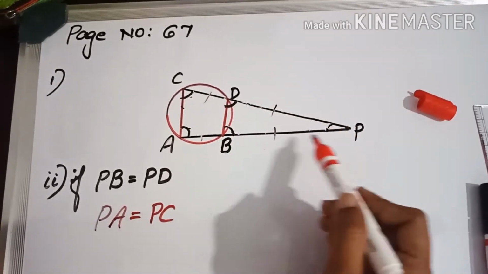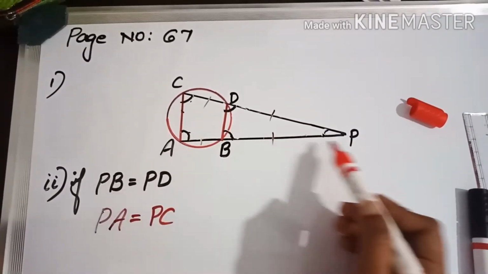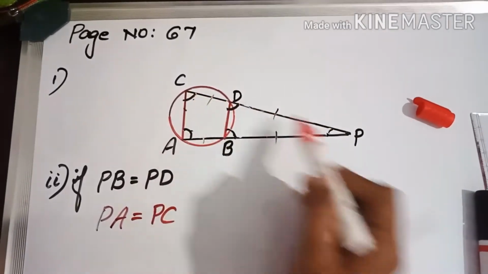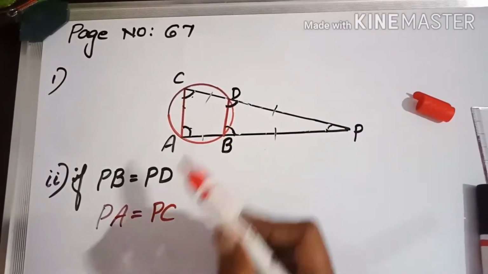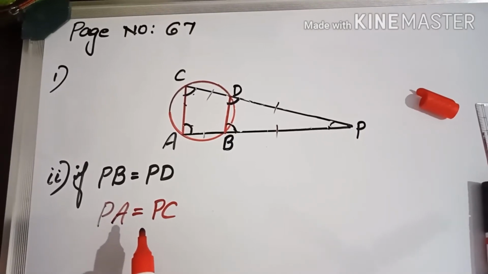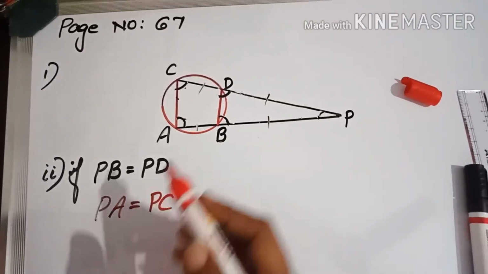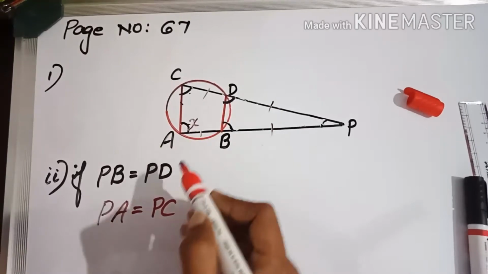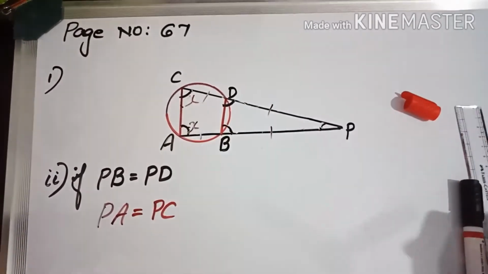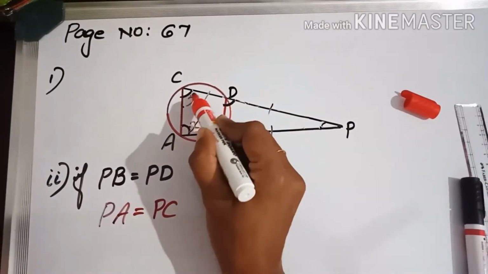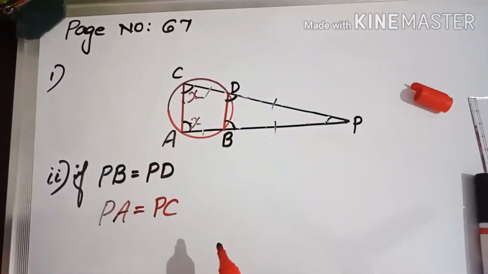Now, for the larger triangle PAC, if PA and PC, these two sides, are equal, this will be an isosceles triangle. That means if here it is x degree, this angle will also be x degree.